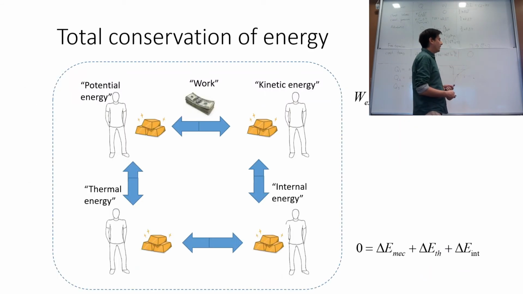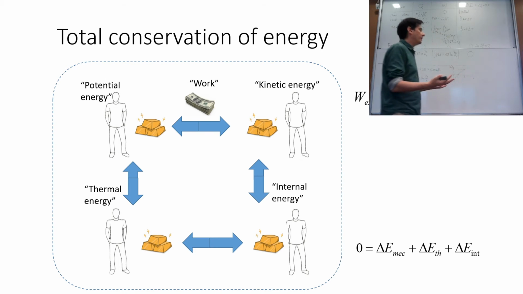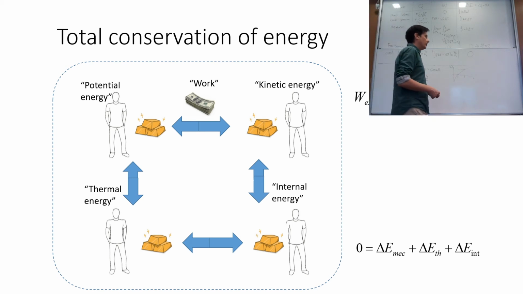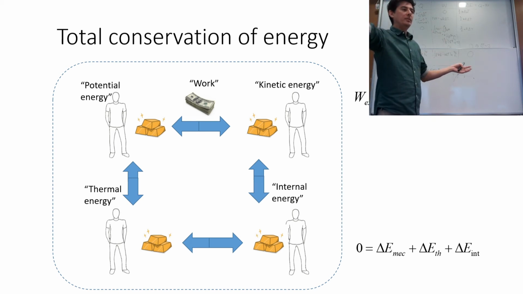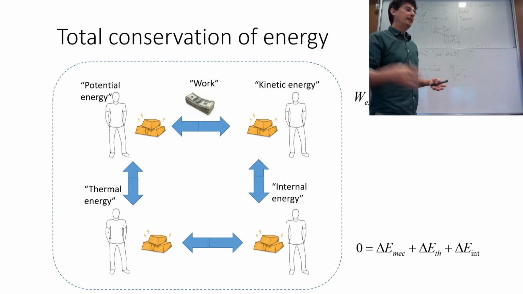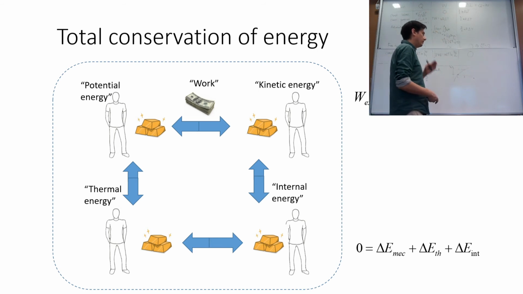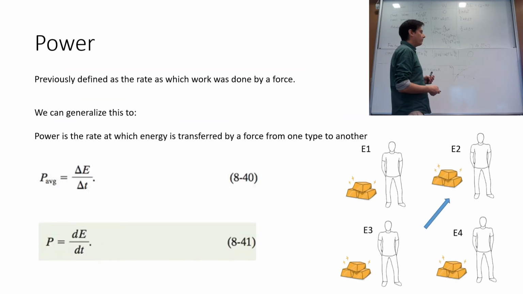But the overarching concept is still the same: there's a conservation of energy, and you can bring in more and more different energy bank accounts, but overall the energy must be conserved, and work is always this energy transfer between various forms of energy.